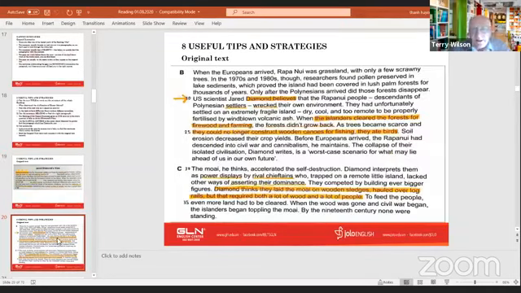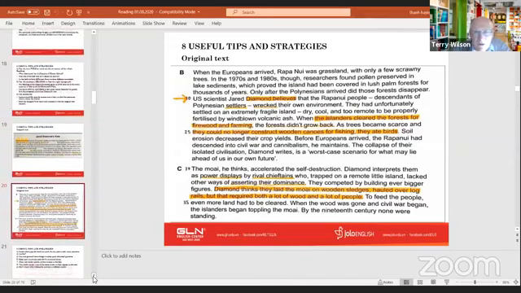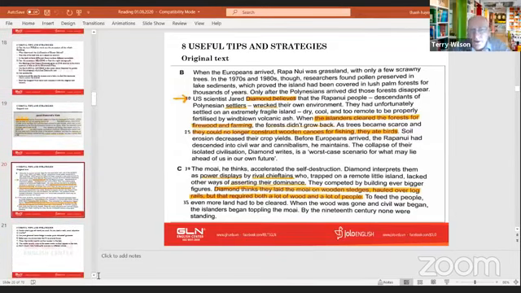And here is the actual text. So you see the first thing I've highlighted is Diamond believes. And the next one I've highlighted in brown is the islanders clear the forests for firewood and farming. And then for the other gaps, I've also highlighted other important phrases in the text.